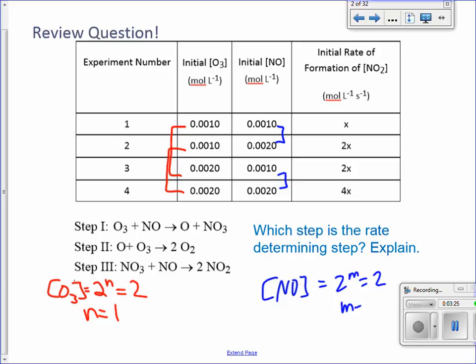So m is also going to be first order. So if we actually write out the rate law, it's going to be K, ozone, and then nitrogen monoxide. Okay?